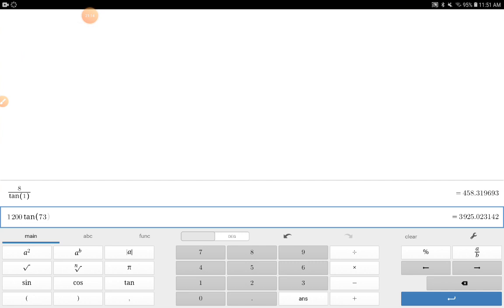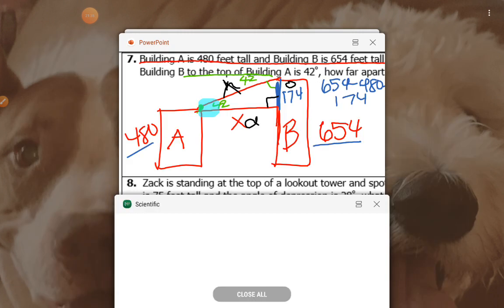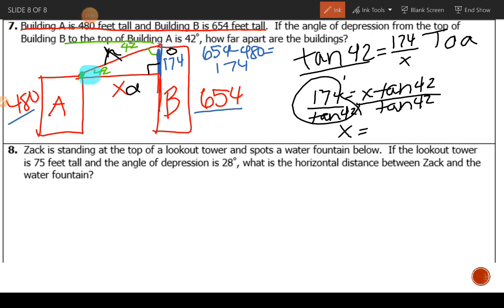So that's going to be 174 divided by tangent of 42. And I get 193.24. That 4 is going to tell the 2 to stay because it's under 5. So my answer is going to be 193.2 feet apart. So that's what that distance between the two buildings would be.